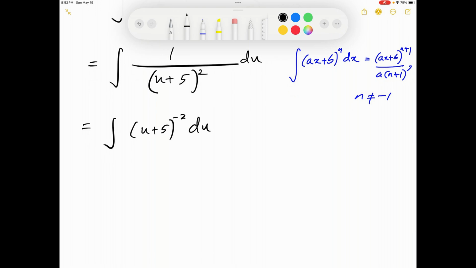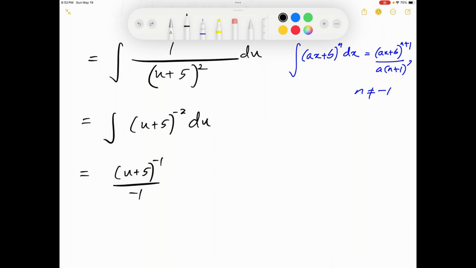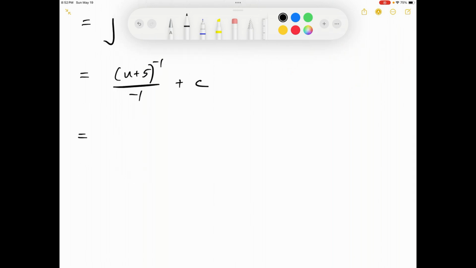By directly applying the result from the standard table, we know the answer should be u plus 5 raised to the negative 2 plus 1, which is negative 1, divided by negative 1 times the coefficient a, which is also equal to 1. However, this is an indefinite integral, therefore I need to add a plus c, where c is an arbitrary constant. I will write it as negative 1 over u plus 5 plus c.